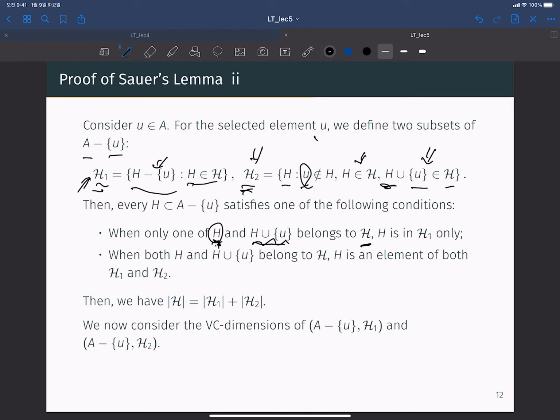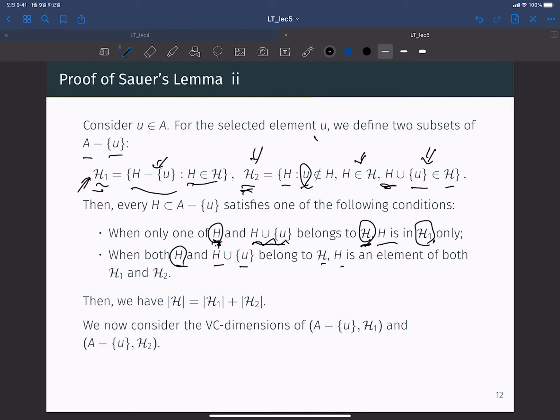So when only one of these belongs to the original hypothesis set H, H is in H1 only, and H is not a member of H2. When both H and H union U belong to H, H is an element of both H1 and H2. Okay? Let's check.